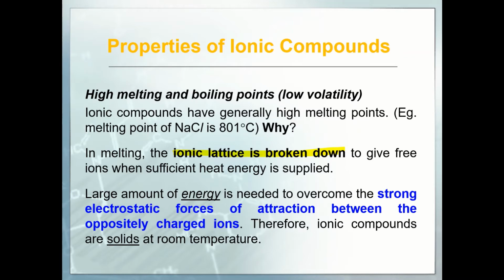You need energy to overcome the strong ionic bonds, and ionic bonds are relatively strong, if you remember what I mentioned in the introduction. Therefore, because there are strong electrostatic forces of attraction between oppositely charged ions, many ionic compounds are solid at room temperature.